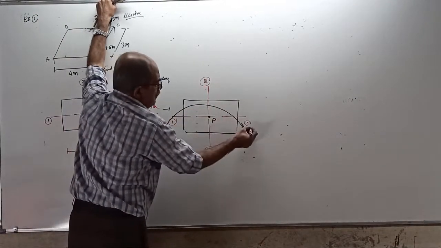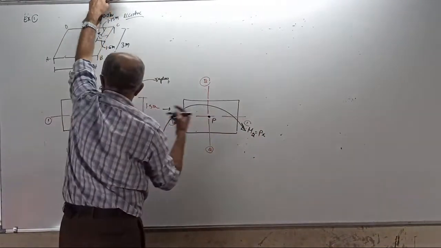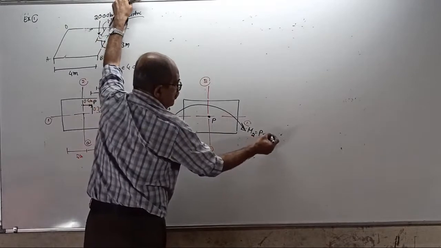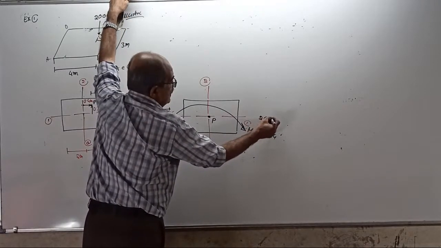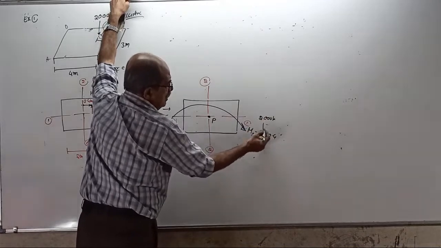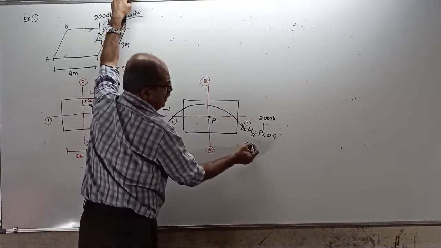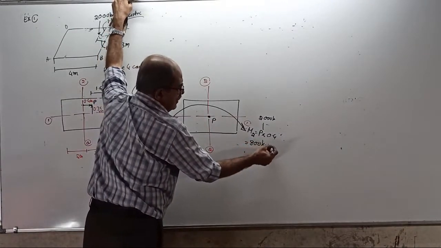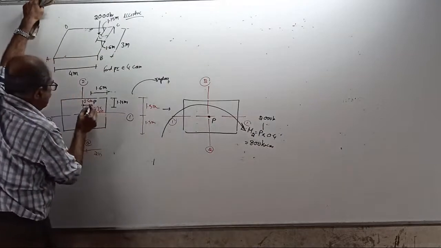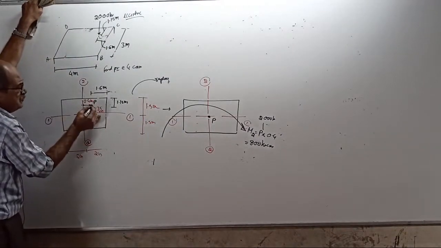That is moment about axis 2 equal to P into 0.4. P is 2000 kilonewton, so this moment is 2000 into 0.4, which is 800 kilonewton meter. And about the other axis, the distance is 0.35.